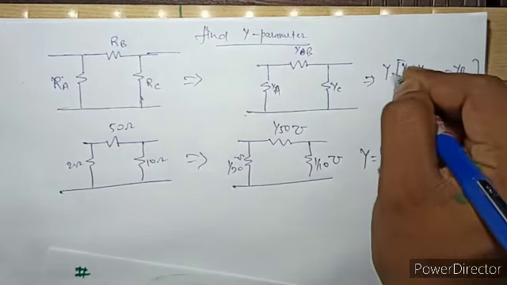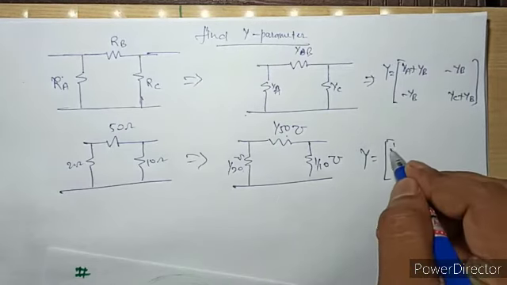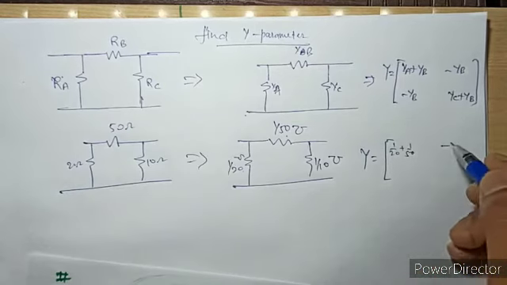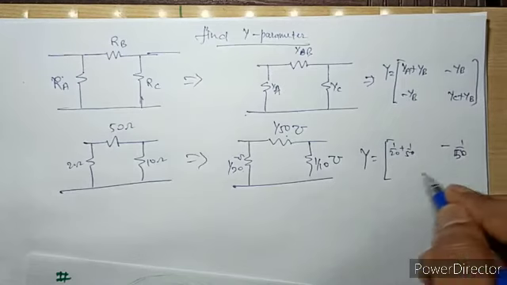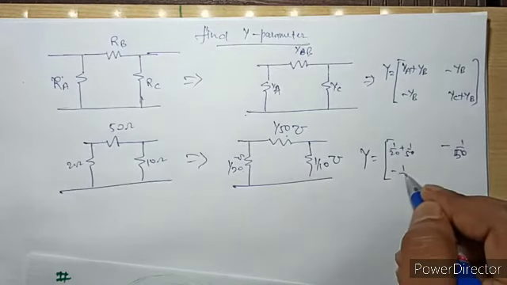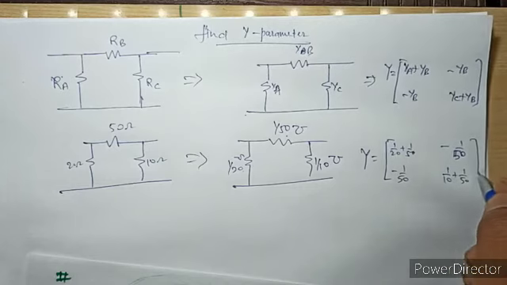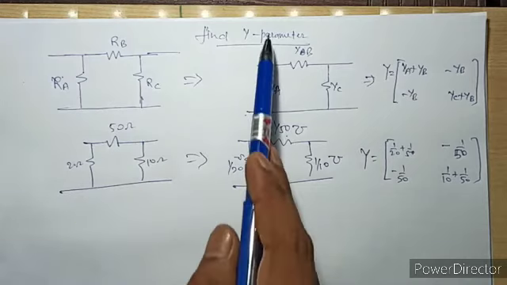So our Y parameter will be nothing but this plus this, means 1 by 20 plus 1 by 50, minus of this, minus 1 by 50, minus of this, minus 1 by 50, and this plus this, 1 by 10 plus 1 by 50, right? This is the standard pi form for Y parameter.